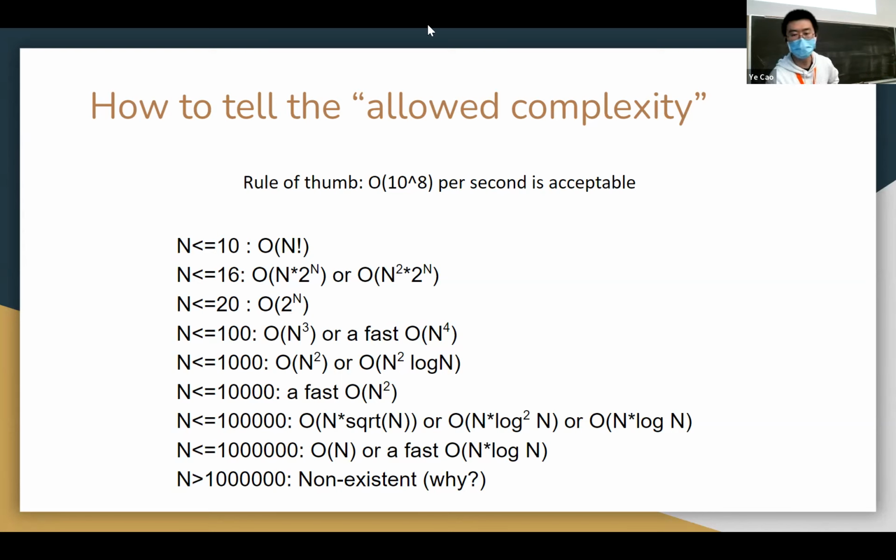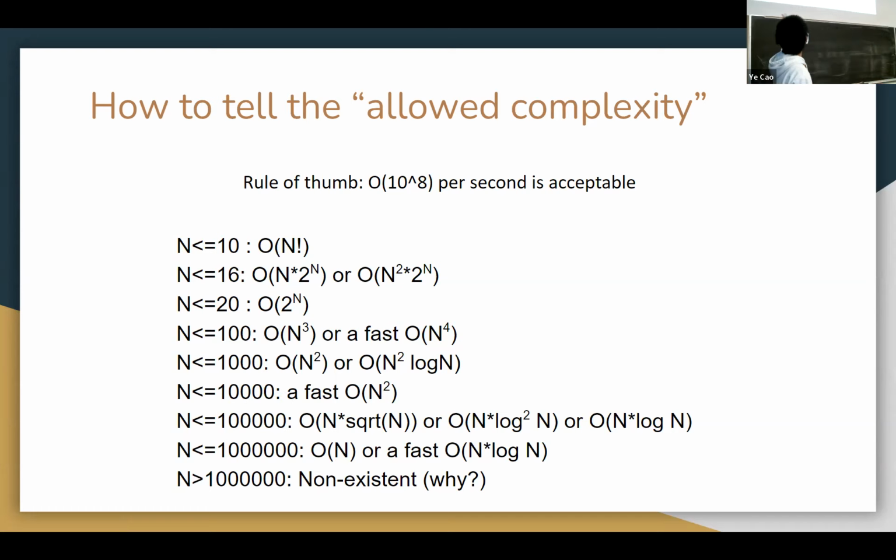When you see n ≤ 10^4, which I personally don't find to be very frequent as the size limit in CP, but for n ≤ 10^4, a very fast n² will probably pass. For n ≤ 10^5, it's most likely to be n log n.